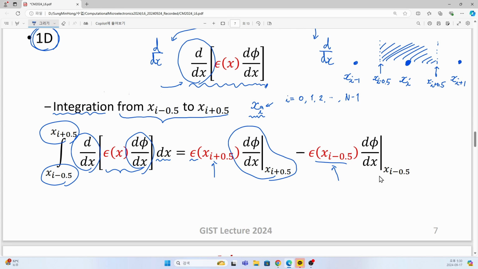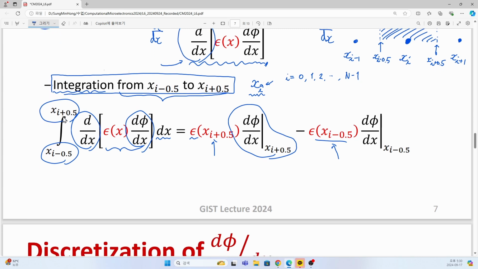We should evaluate this one. But anyway, how can we make a discretized form of this seemingly complicated expression? The answer is just to make another integration over a short distance. That is my answer. Then the question is, can we take this epsilon at this midpoint, and this epsilon at this midpoint, without any ambiguity?